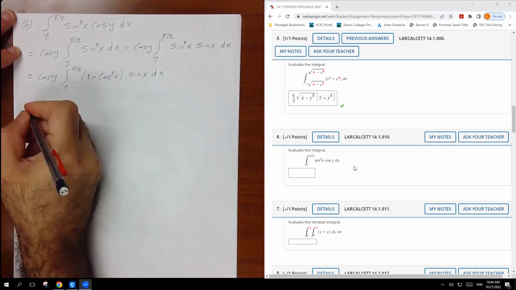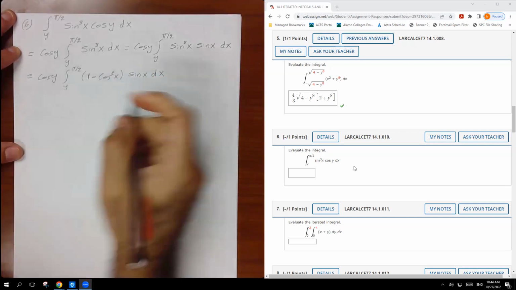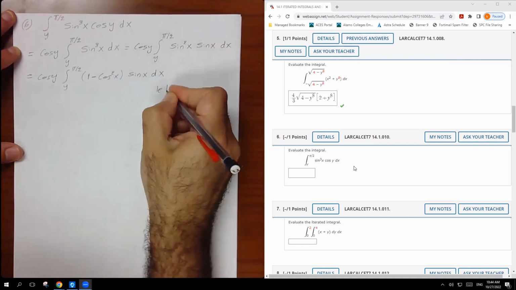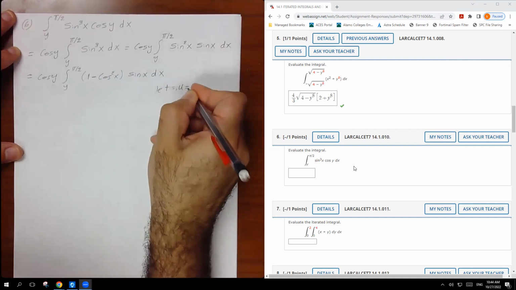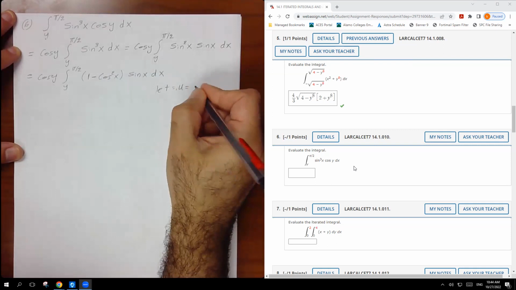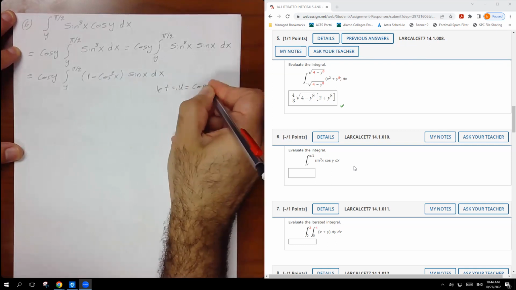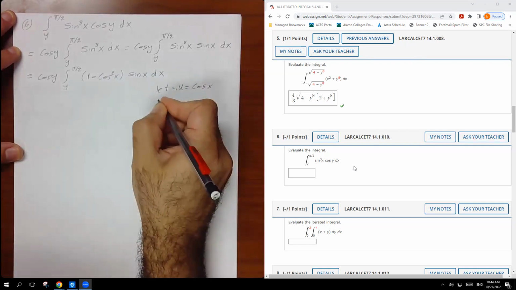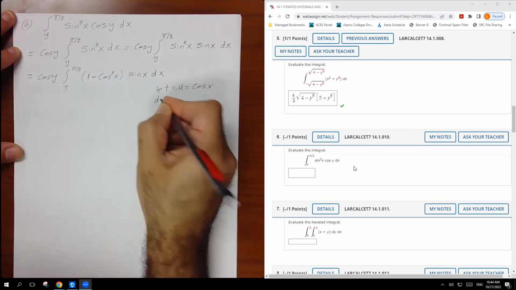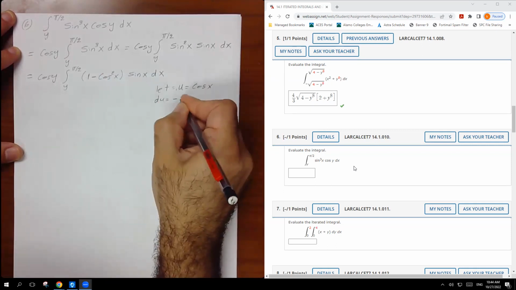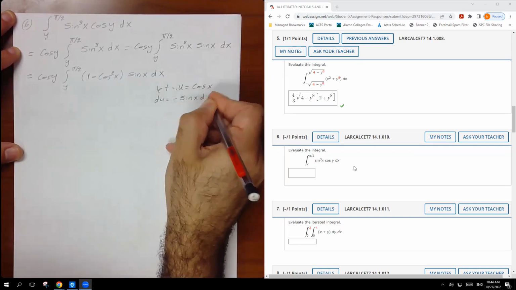Now let's let u equal cosine x. So du is going to be negative sine x dx.